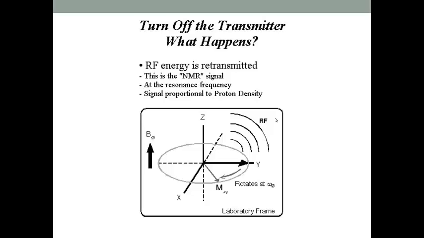So hydrogen is the best atom for MR imaging. The second one, we need the external field, because the proton can be treated as a spinning magnet bar. If there is an external magnetic field, they will line up with the external magnetic field.